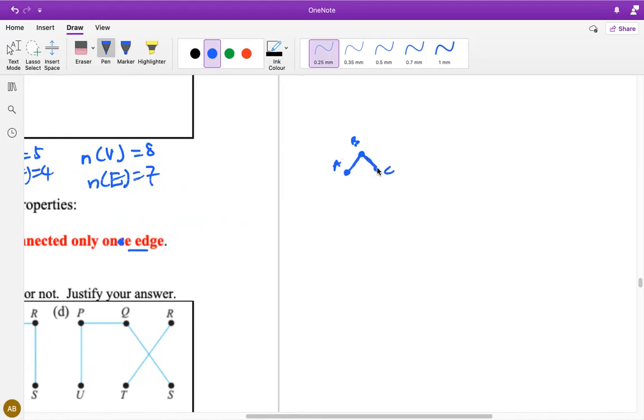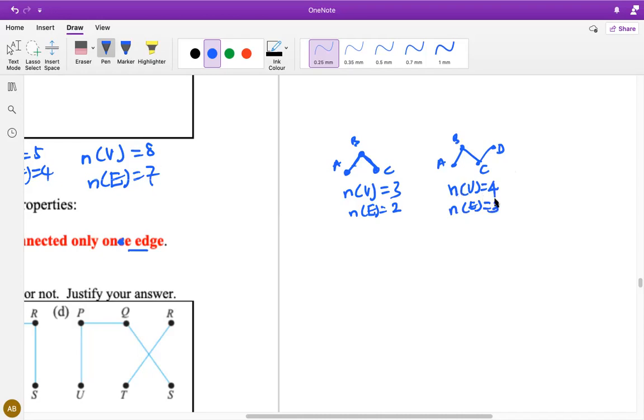So therefore you can see here there are 3 vertices and the edges must be less 1. That means 2 only. If I have A, B, C, D, therefore my vertices are 4, but my edges will be less 1. There's 3, only 1, 2, 3.